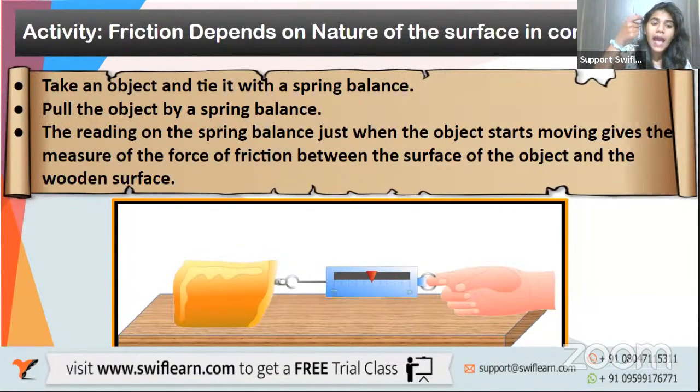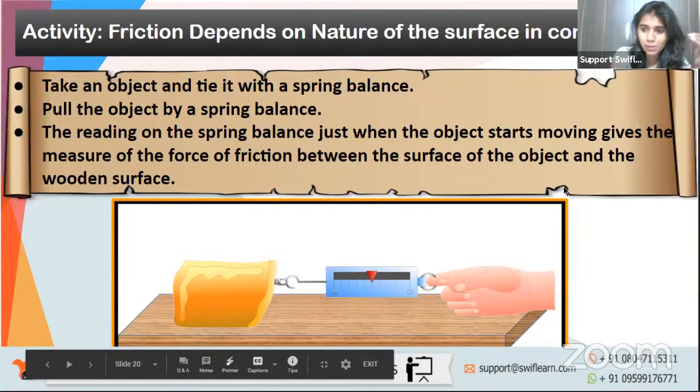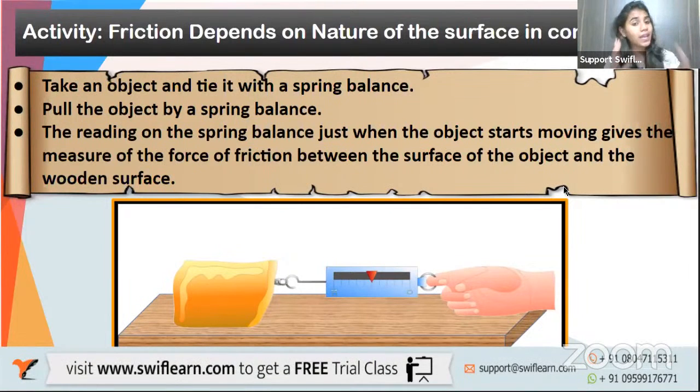As I'm pulling, I'm noting down the reading of the spring balance just when the object starts moving. I'm repeating it once again. First, you take an object and tie it with the spring balance. Now pull the object by the spring balance.